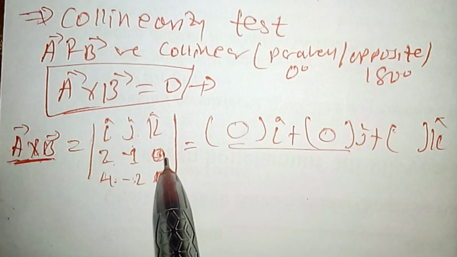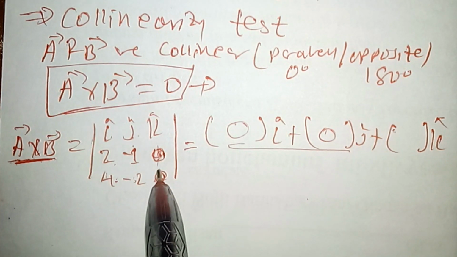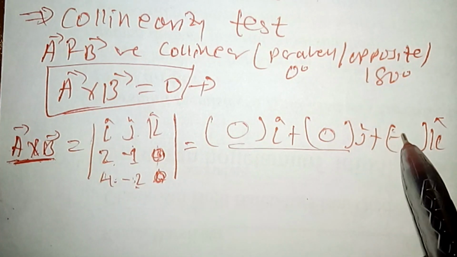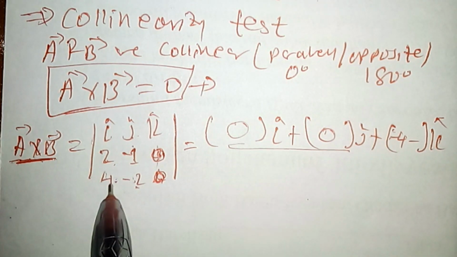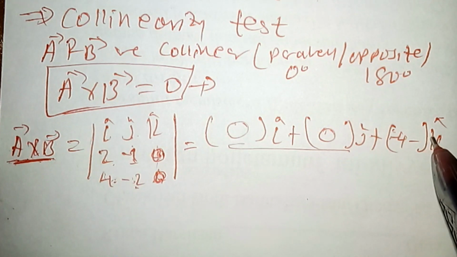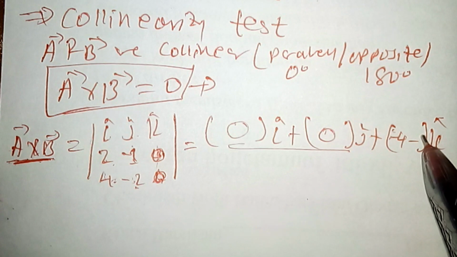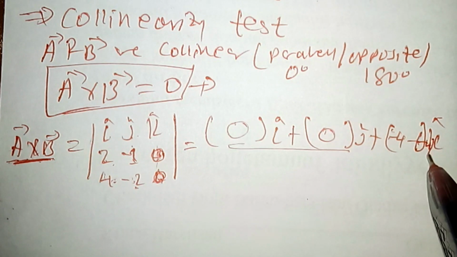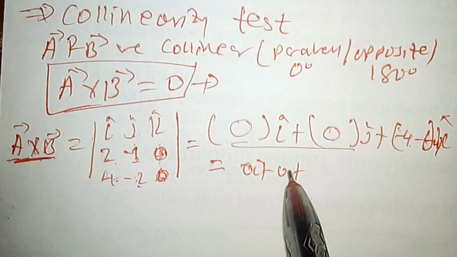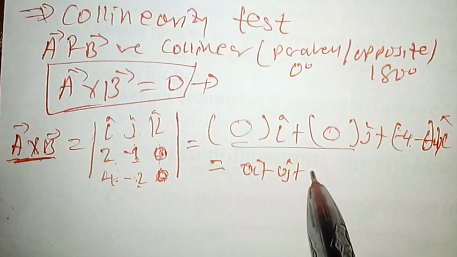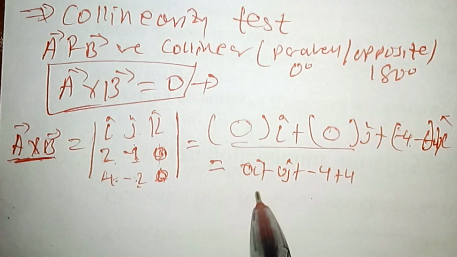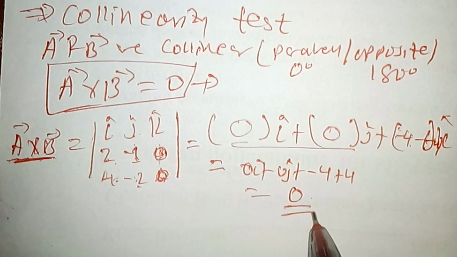The only term which survives is the k term, which is i cross j. 2 times minus 2 is minus 4, minus 4 times minus 1 is minus 4. This is equal to 0i plus 0j plus minus 4 plus 4, which also gives us 0.